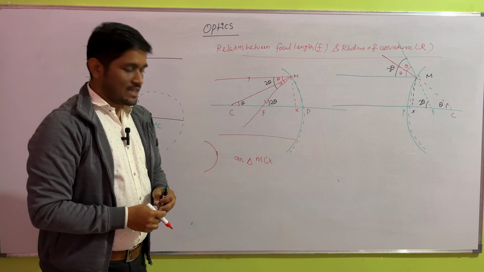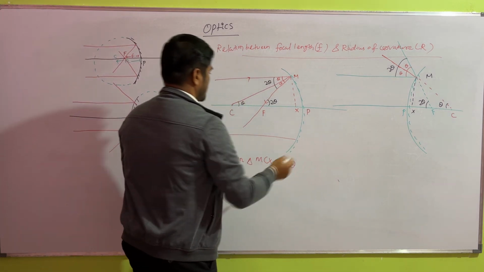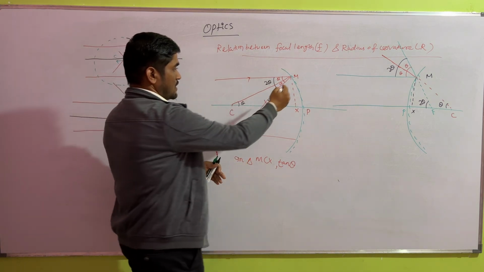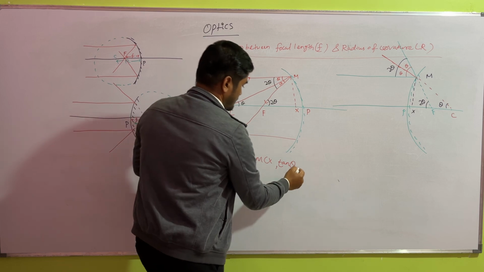what will be tan theta? Tan theta is MX divided by CX.